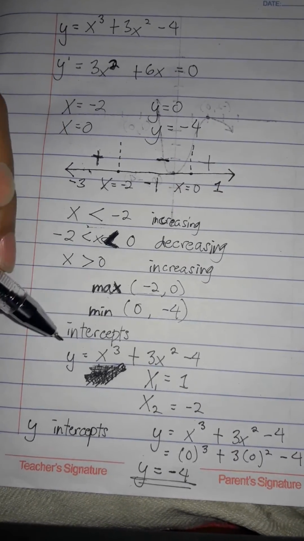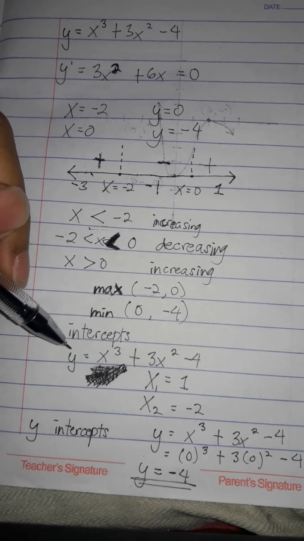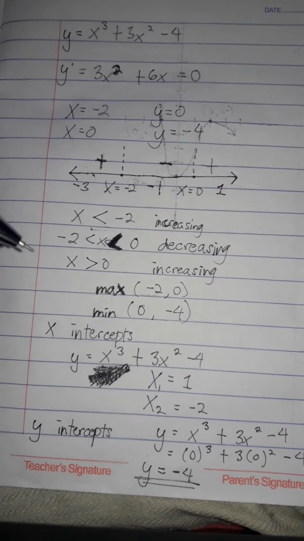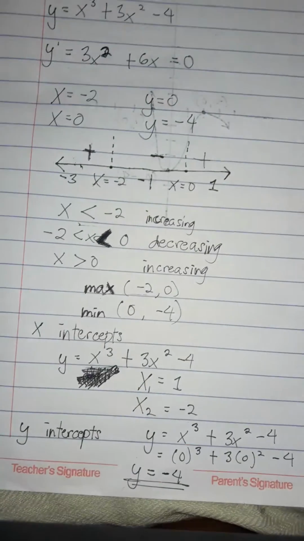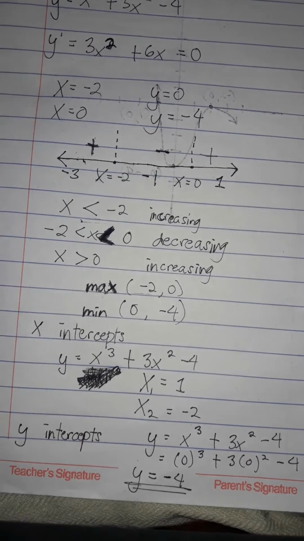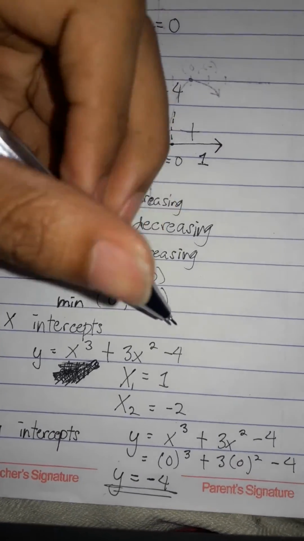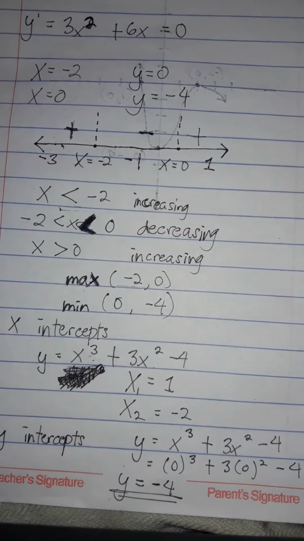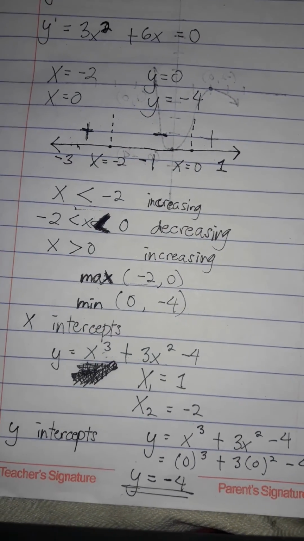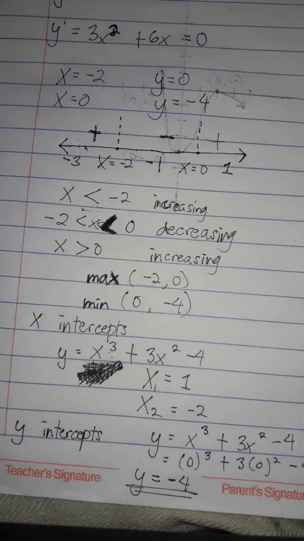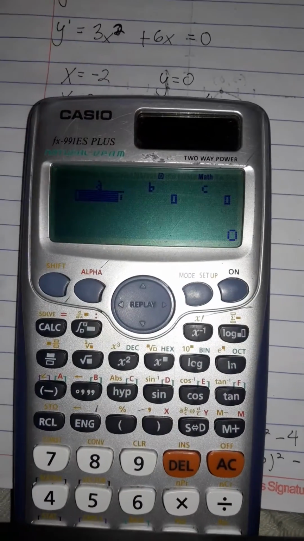So, we would replace all the y's with 0. And then, to get the x-intercept, we would plug the original equation into our calculator.